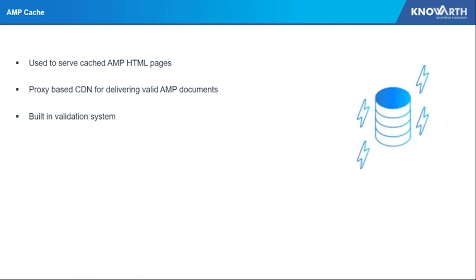So let's move into AMP Cache. AMP Cache is basically the key feature of all of this. It is used to serve cached AMP HTML pages. It is basically a proxy-based CDN for delivering valid AMP documents. What I mean by that is that it's not just about making fast-loading pages.